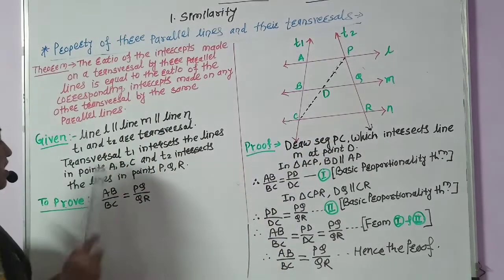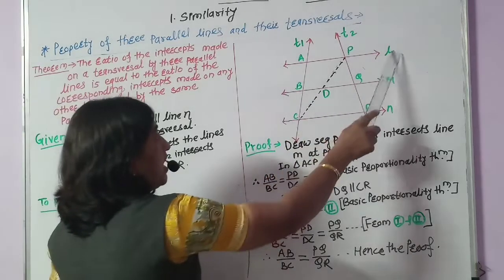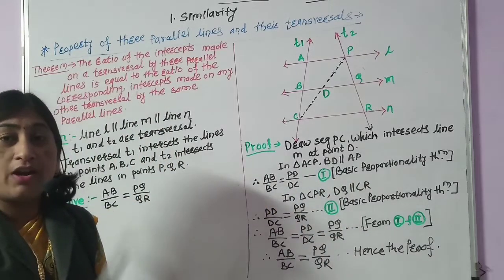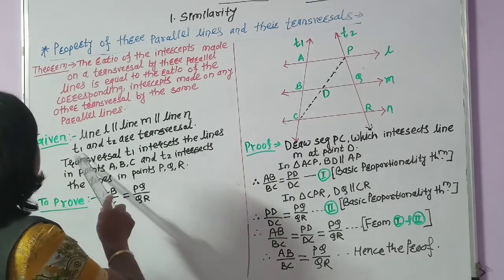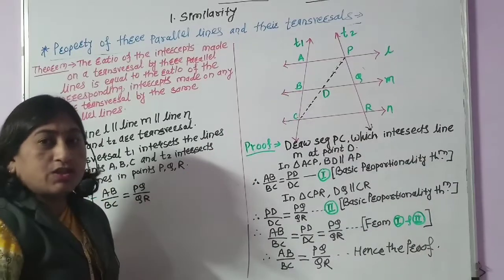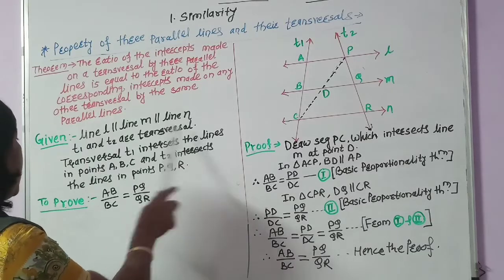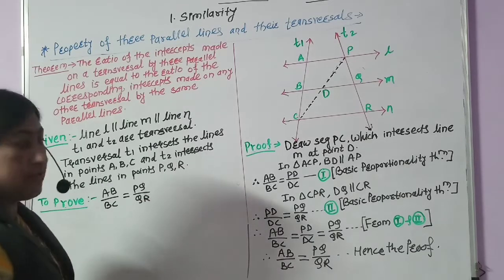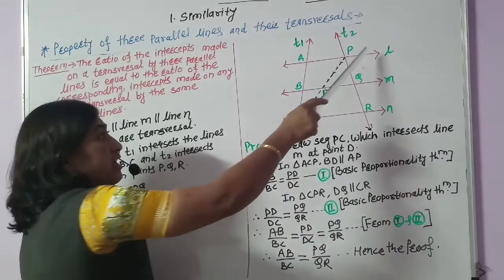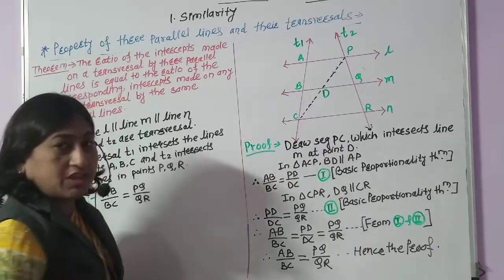See here, given line L is parallel to line M, which is parallel to line N. That means these three lines are parallel to each other. Then T1 and T2 are the transversals. Transversal T1 intersects the lines L, M and N in points A, B and C respectively.